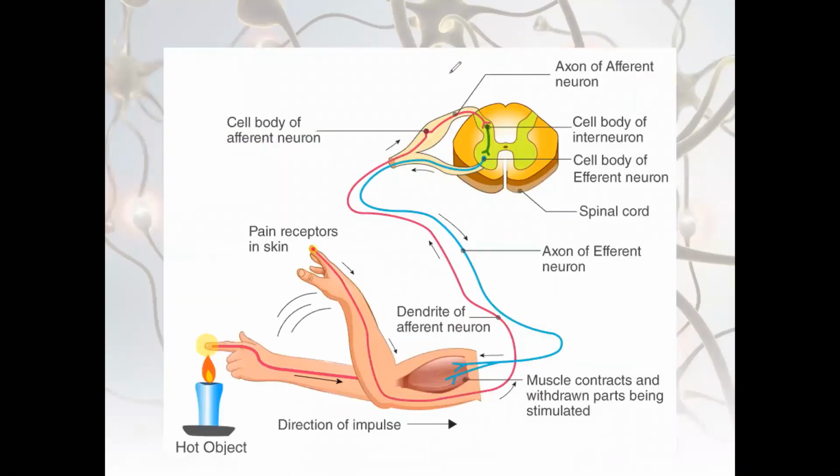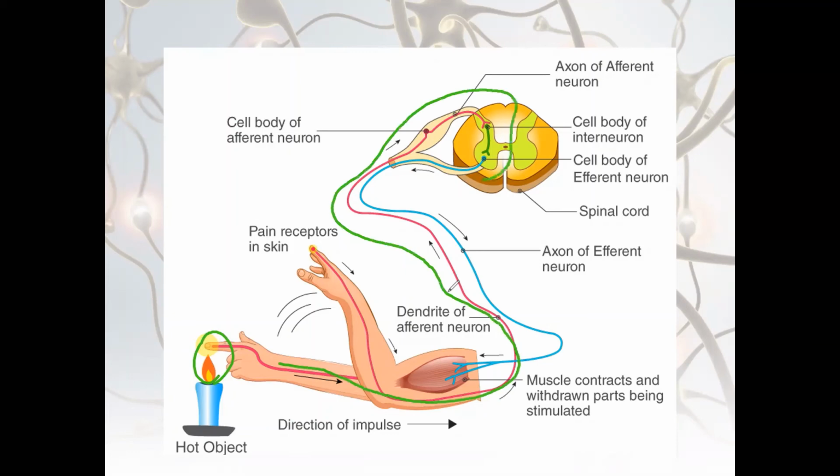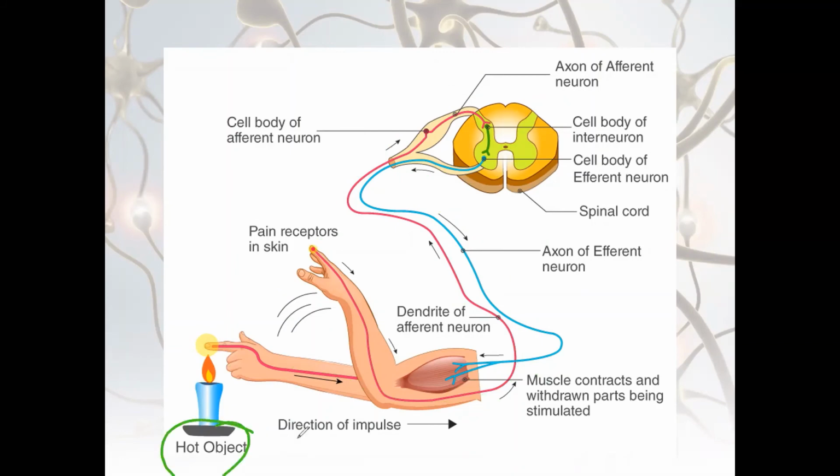Here is another example. Let us learn about this reaction. Hot object, right? This is the stimulus. The message, you can see here, is going to the spinal cord. The spinal cord sends the signal and the person has removed his hand. Now let's try to read all the things. Hot object, direction of stimulus, right?